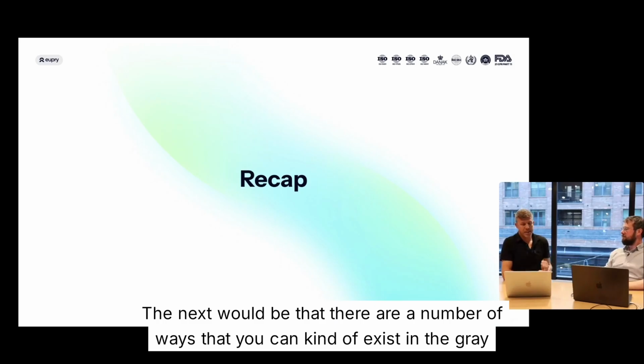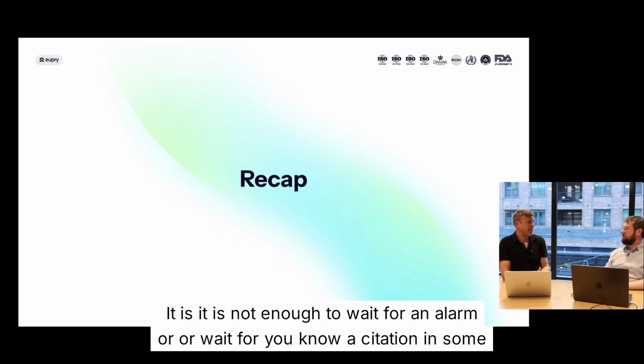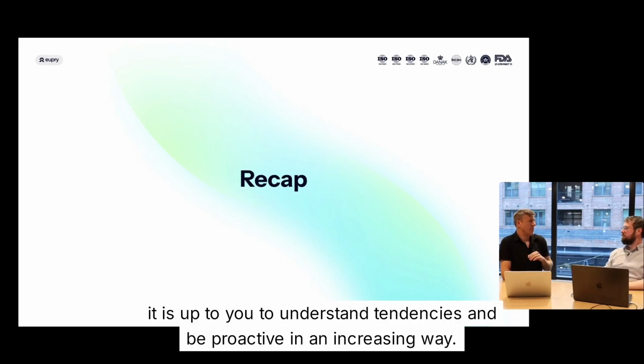The next would be that there are a number of ways that you can exist in the gray area today, right? It is not enough to wait for an alarm or wait for a citation in some way, and it is up to you to understand tendencies and be proactive in an increasing way.